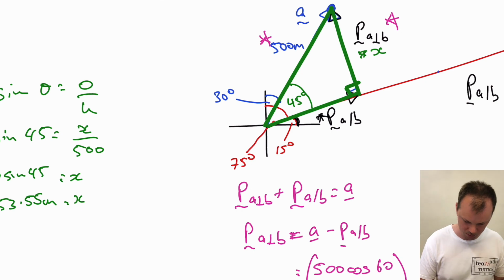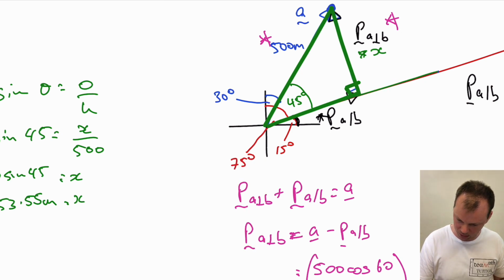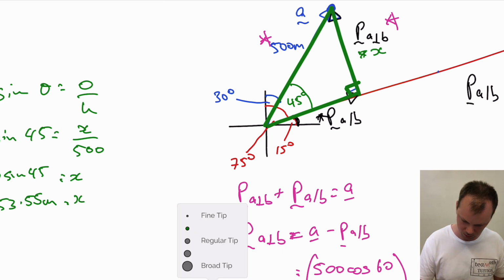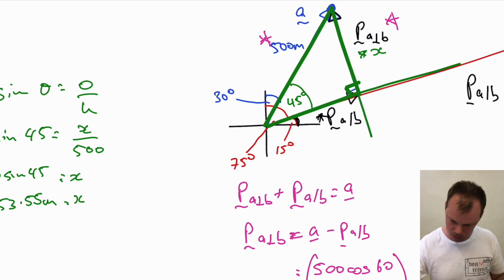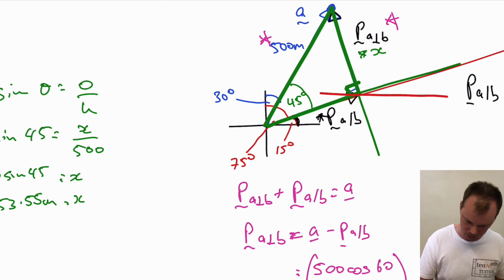So looking at this picture, if I extend this out, let's make that a bit bigger. Extend this out here. I know that, and let's do a horizontal line in here as well. And this line is parallel to this line.